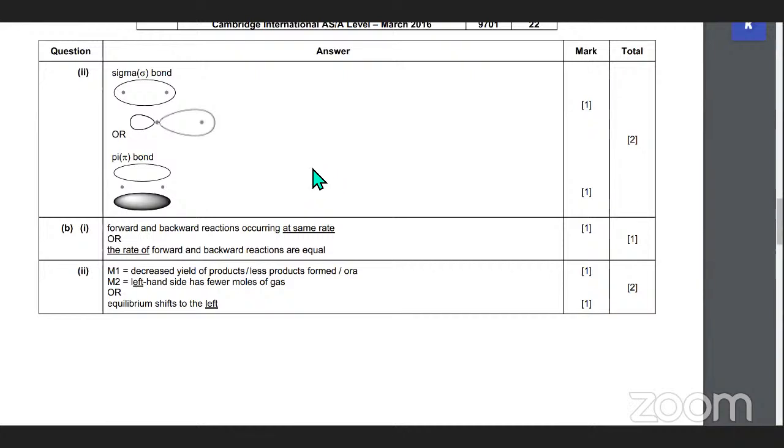So this is what they were expecting for a sigma bond and above and below for a pi bond. So you'll probably get marks for both of them. You just have to show the electron density is in the middle. And over here, the electron density is above and below. So you're going to get marks for both.